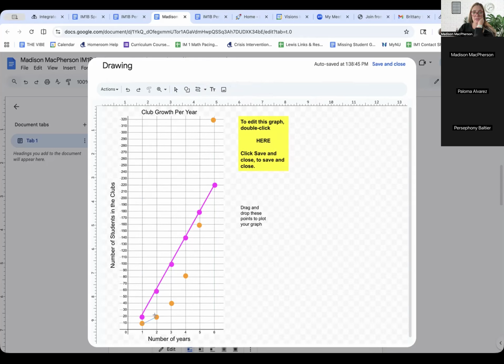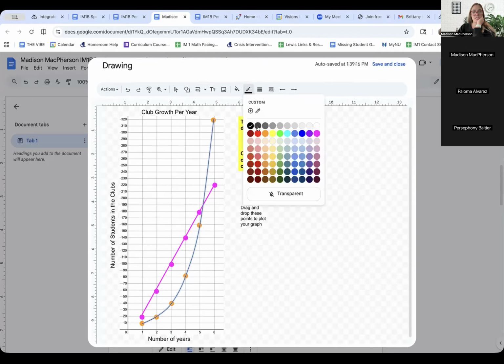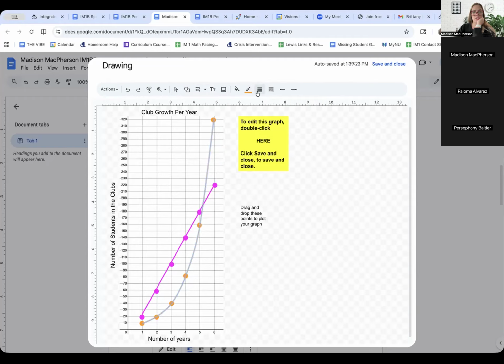Then you're going to click on the next one, and the next one, and the next one, next one. And then on the last one, you're just going to double click and it should stop the line there. And again, I'm going to change the color to match. So I'm going to make it orange and a little bit thicker.